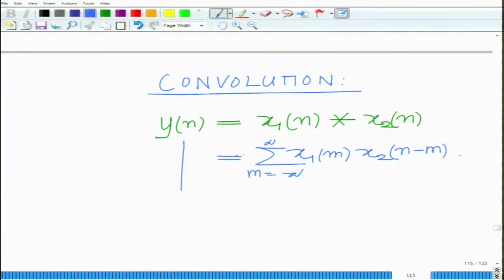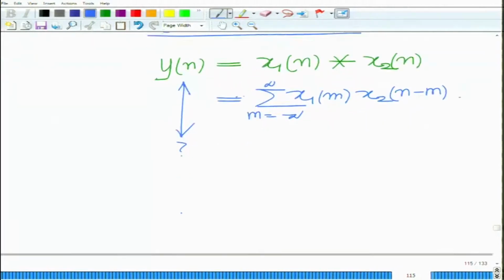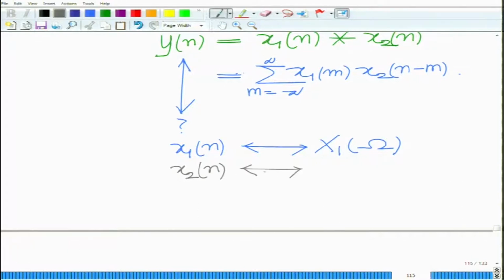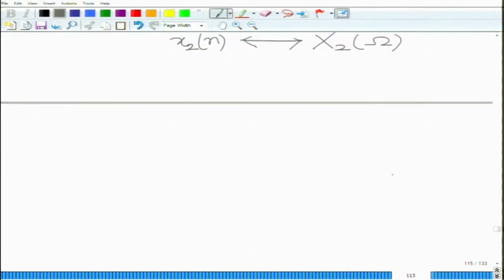And now we want to find the DTFT of y[n], given of course that x1[n] has a DTFT that is X1(omega) and x2[n] has the DTFT that is X2(omega).